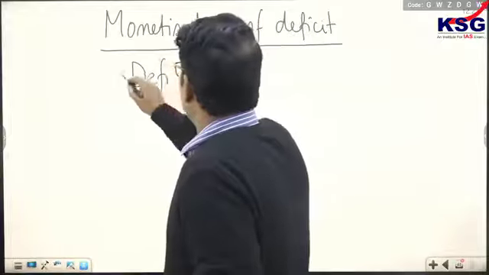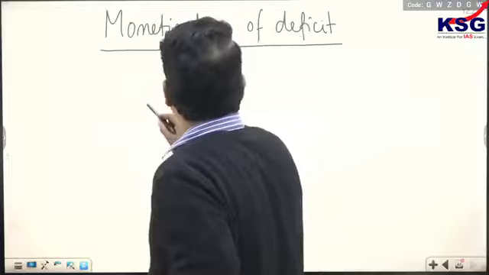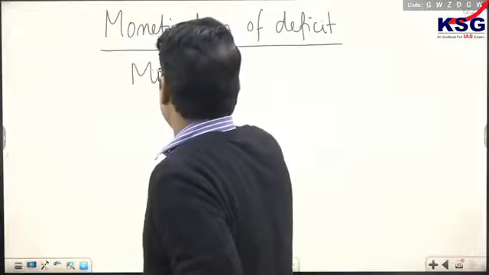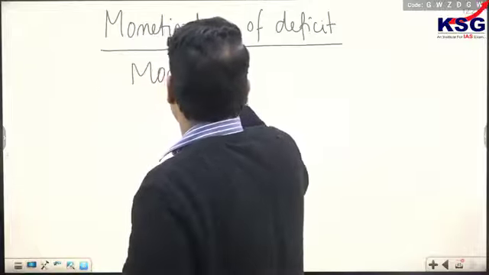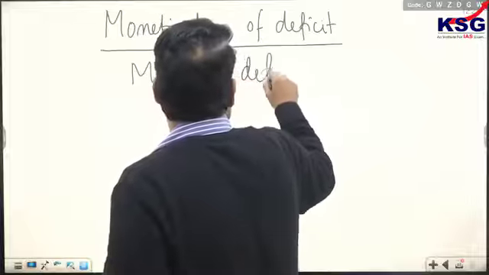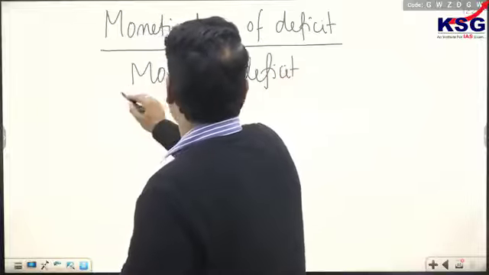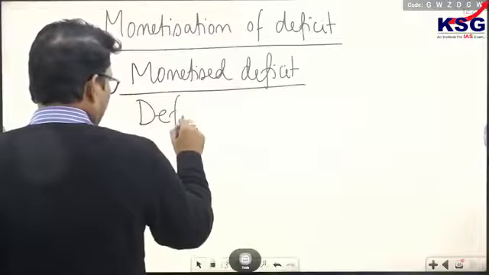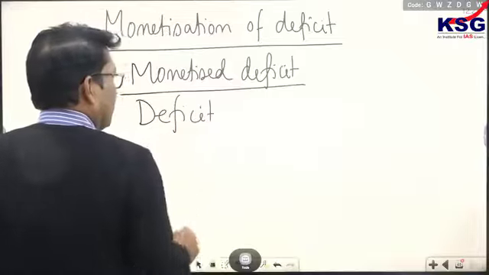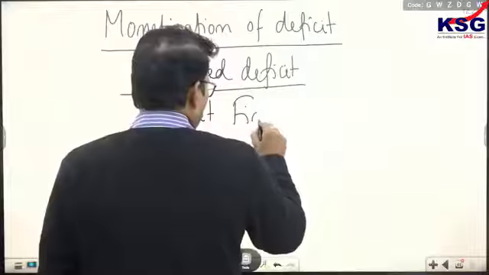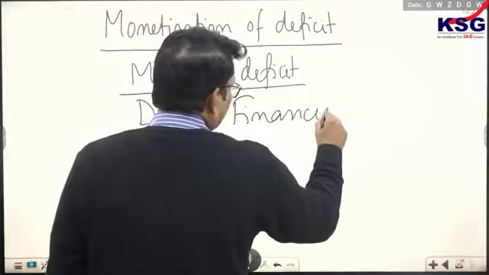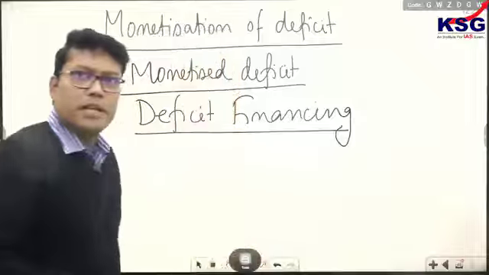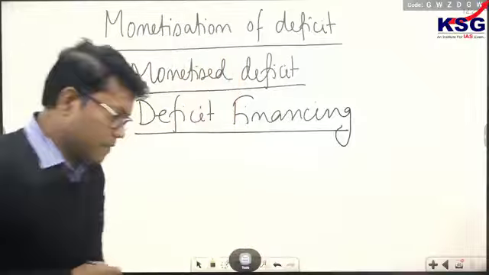If one word, more words you can write. You can write monetized deficit, or you can use the words deficit financing. Yes, these are all the same. Different words, the meaning is the same.